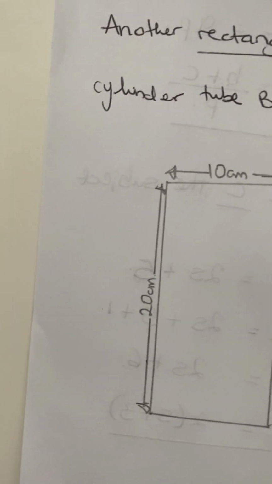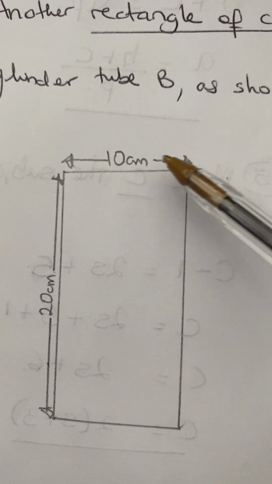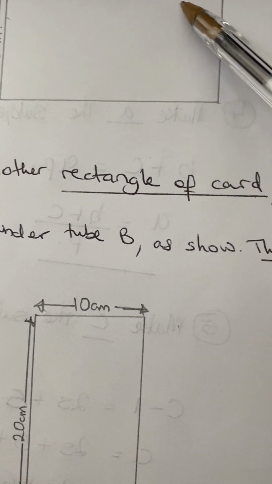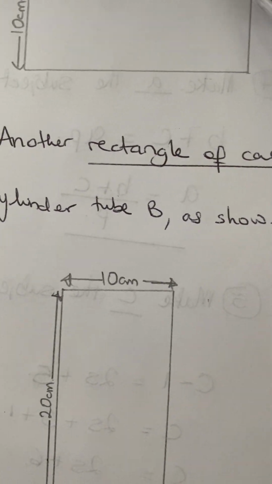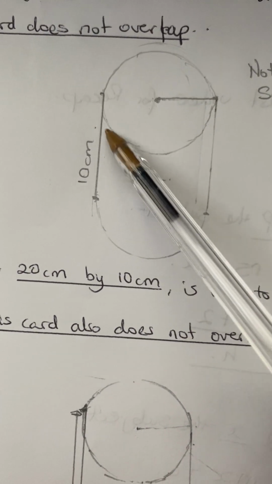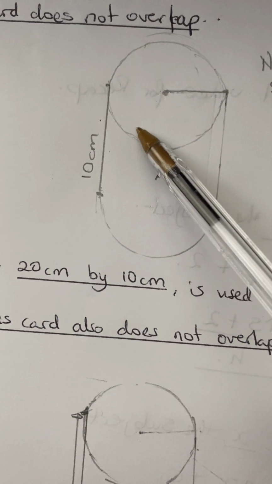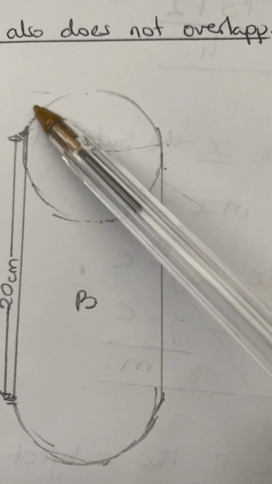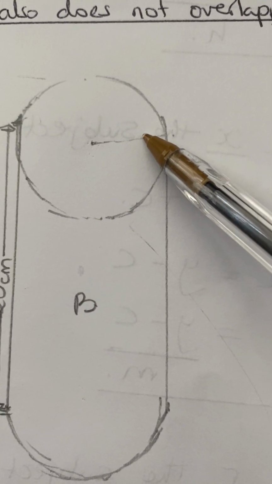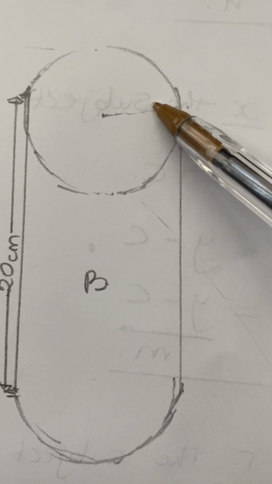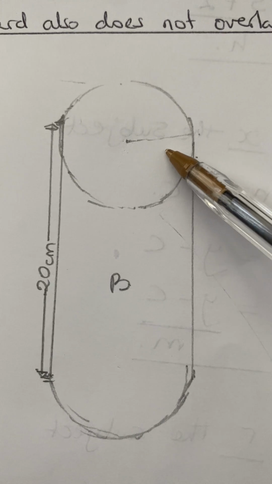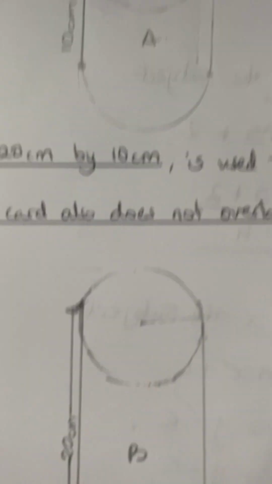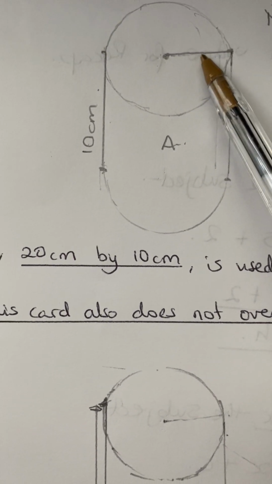So from here to here is 10 centimeters, and from there to there is 20 centimeters. So the circumference of this will be 20 centimeters, and the circumference of this, if you go all around, will be 10 centimeters. Now if that is the case, this radius here is half of that, half of A.